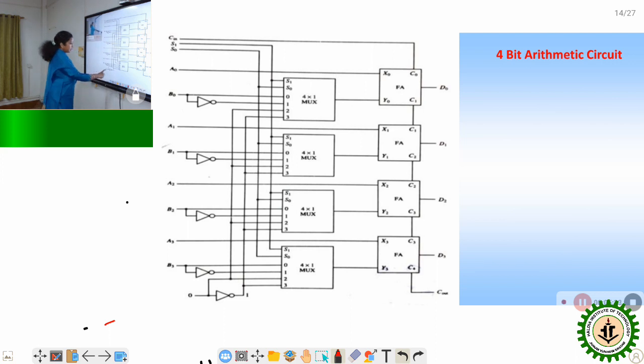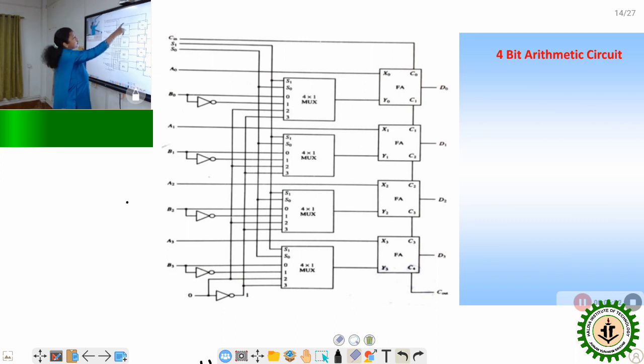And in the third input of every multiplexer, logic 0 is connected. And in the fourth input of the multiplexer, logic 1 is connected.